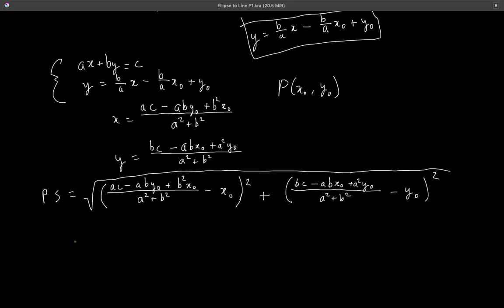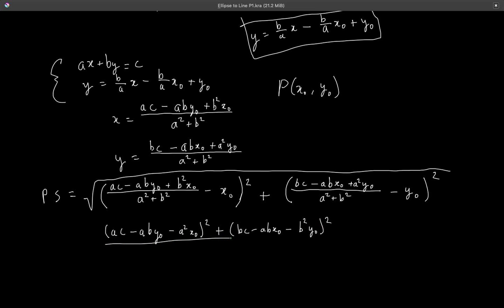So after you do all of that, again, I'm going to omit the radical first, this becomes ac minus aby0 minus a squared x0, squared, plus bc minus abx0 minus b squared y0, squared.